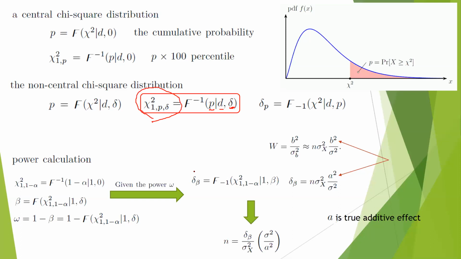In another situation, if we knew the degrees of freedom and the chi-square critical value, and we want to calculate the non-centrality parameter based on the percentile, this is also doable. This is the inverse calculation. If we knew everything else but the non-centrality parameter, we can calculate it. All right, so this is the relationship.